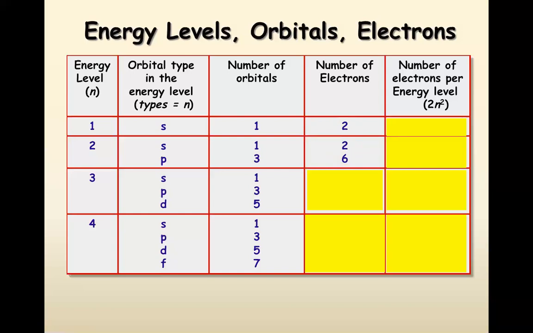In the third energy level, we've got 1 s, 3 p's, and 5 d's, so you should have 2, 6, and 10 for the number of electrons that can fit into all of those orbitals. And then last but not least, see if you can take a guess here. Good job. 2, 6, 10, and 14.